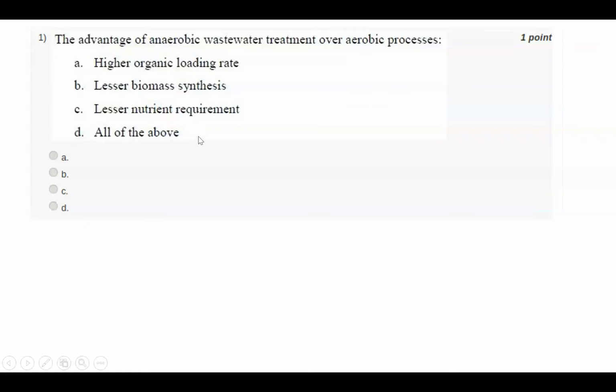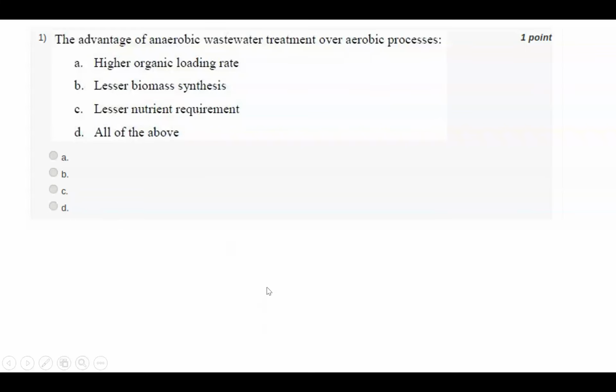Okay, the answer is D. Higher organic loading rate, lesser biomass synthesis, and lesser nutrient requirement. Lesser nutrient requirement means it doesn't need that much nutrient for the microbes to react.